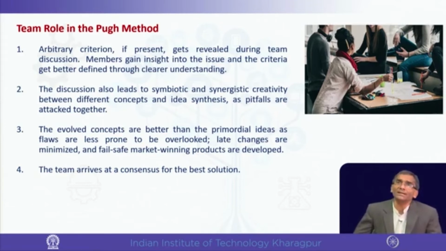It should be critiquing, which means a constructive discussion to arrive at a problem solution instead of any personal attack or criticism per se. Why I raise this point is because we are talking about the team, and team chemistry, team role is important, where a conducive atmosphere which is friendly but professional has to be there. The discussion also leads to symbiotic and synergistic creativity.